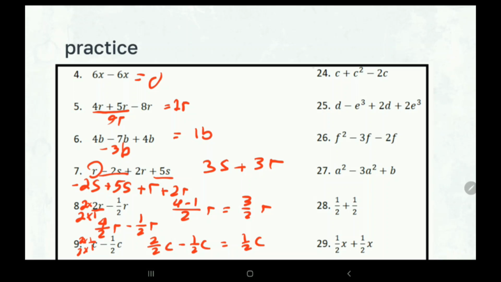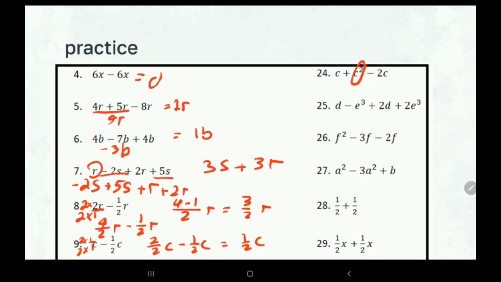Question number 24. c plus c squared minus 2c. You may notice that we have the same variable of c, but we have different indices. We have c squared and we have c, or c to the power of 1.